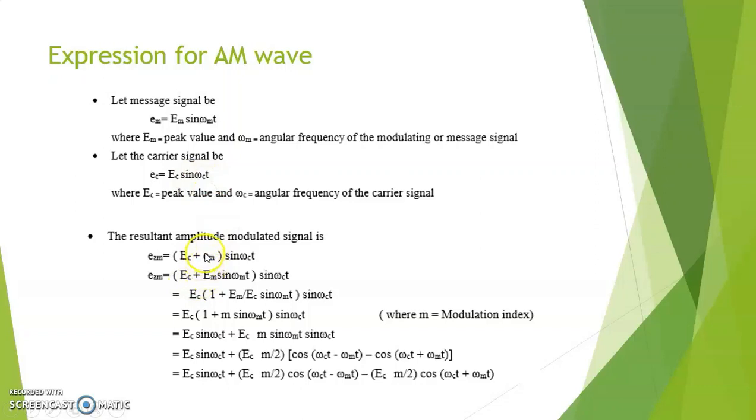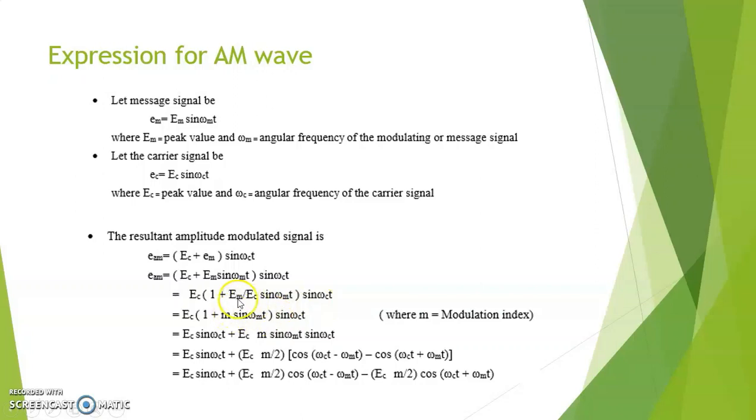Now this small letter em is the amplitude of the main signal. So here we will replace small letter em using EM sin omega mt, and we'll take EC as a common factor. So EC, when taken outside the bracket, we'll get 1 plus EM divided by EC into sin omega mt into sin omega ct.